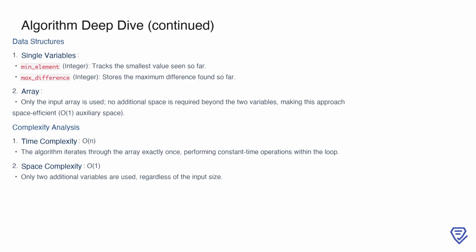This makes the approach highly space efficient, with an auxiliary space complexity of O(1). In terms of time complexity, the algorithm is linear, or O(n), because we iterate through the array exactly once, performing constant time operations within the loop. This combination of linear time complexity and constant space complexity ensures that the solution is both fast and memory efficient, even for large input arrays.